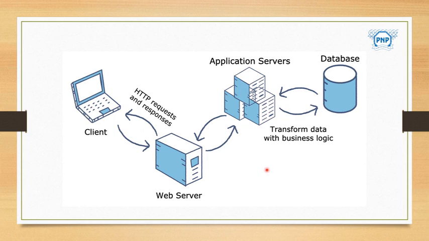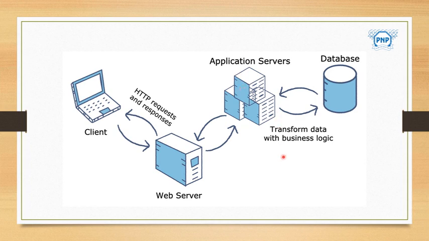Thus, an application server provides a user-friendly front end to the database server backend. Java and Microsoft Windows Server 2008 are two examples of application server software. I hope you have understood this application server.